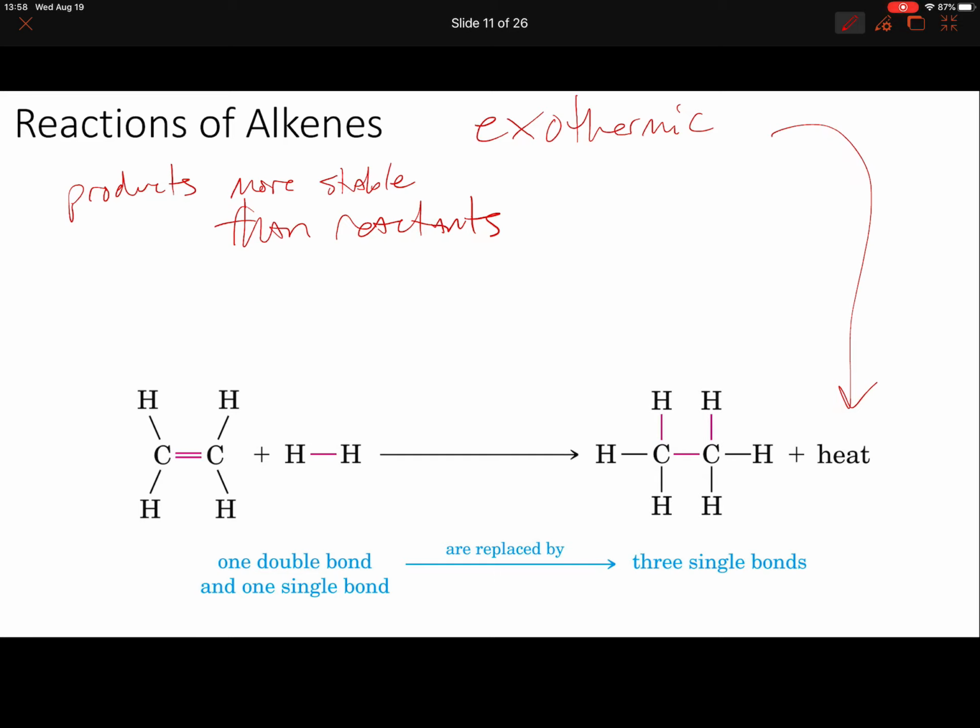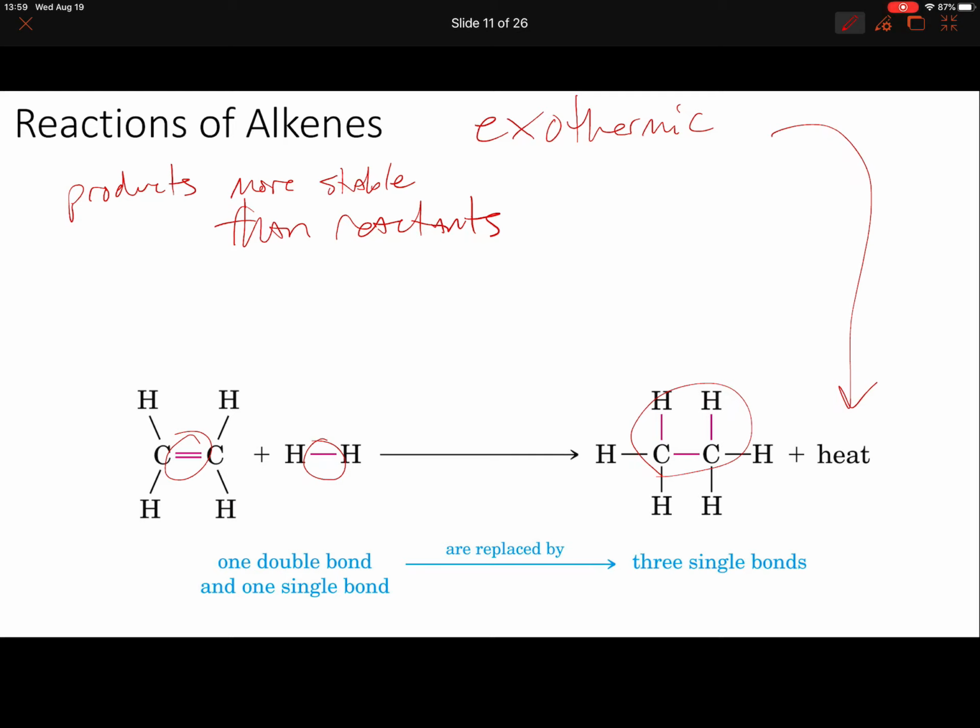The reaction rate depends on the activation energy, and many alkene addition reactions do require a catalyst to make them go faster, but we're not going to get into the kinetics of that here. Now, this is just an example so you can see what bonds are going to break and what new bonds are going to form.